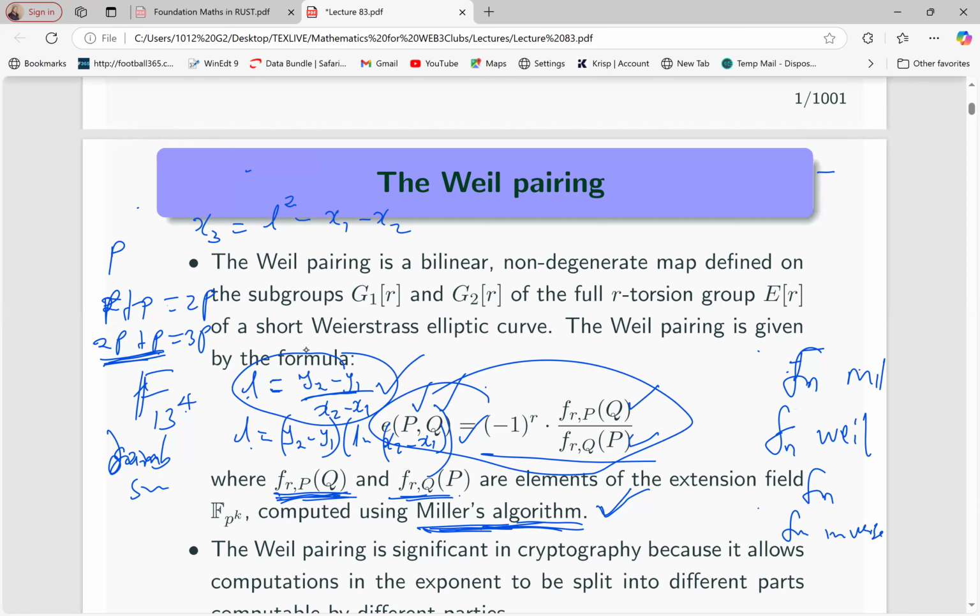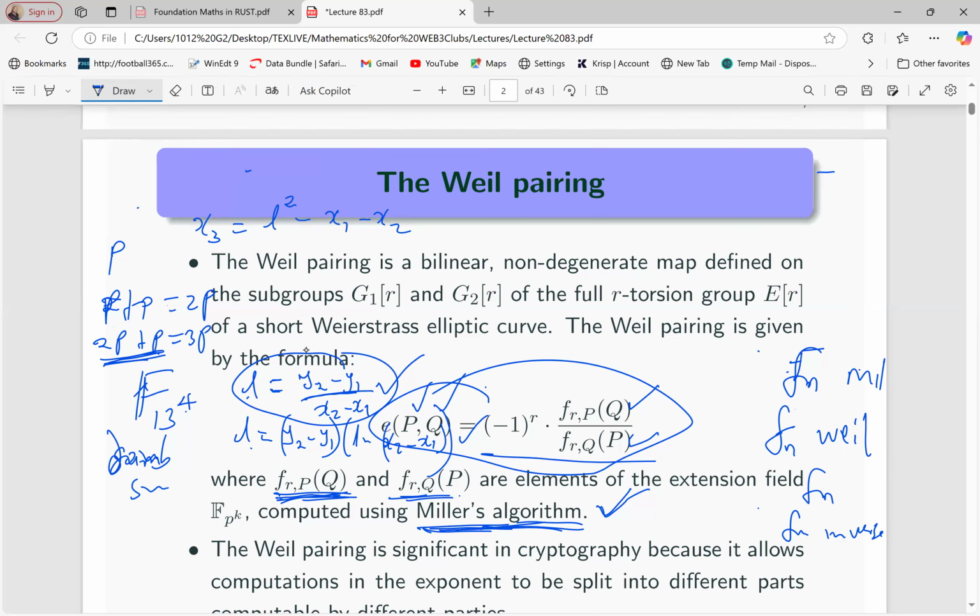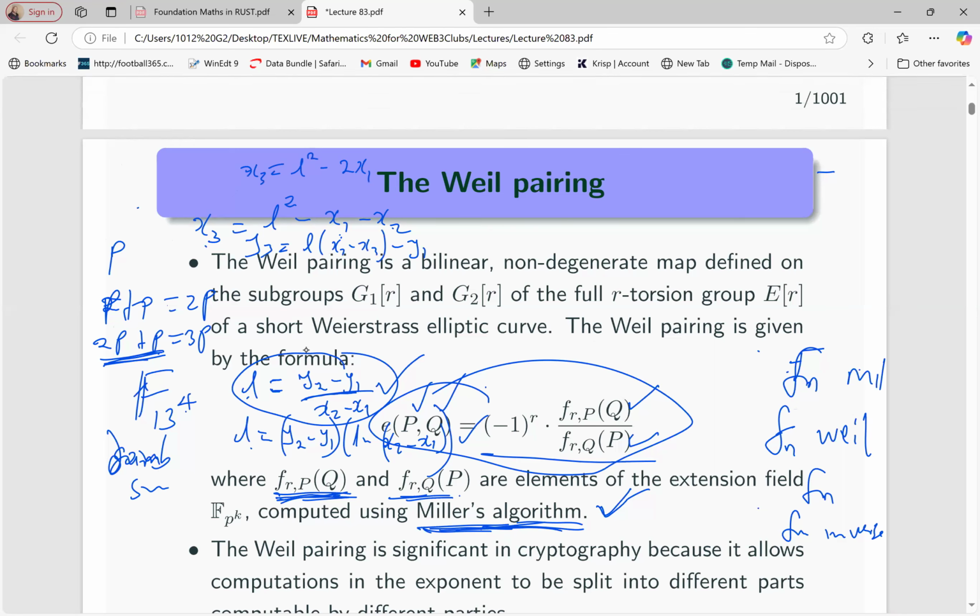In cases where the points are the same, where x1 and x2 are the same, you're telling it to be lambda square minus 2x1. What about y3? You're telling it that y3 will be lambda into x1 minus x3, then minus y1, where x3 has been obtained.